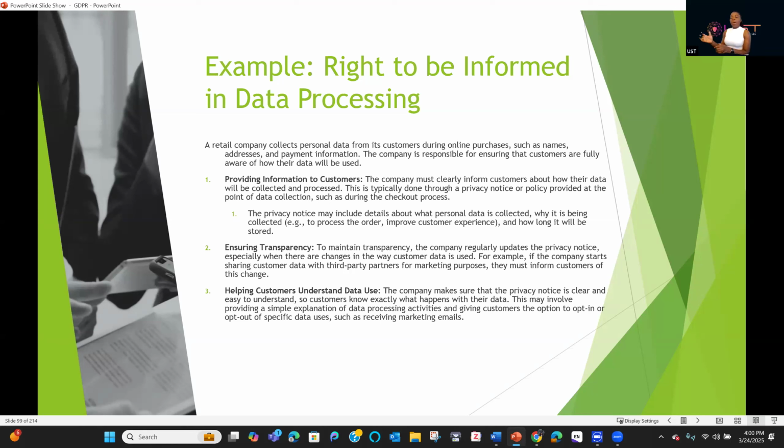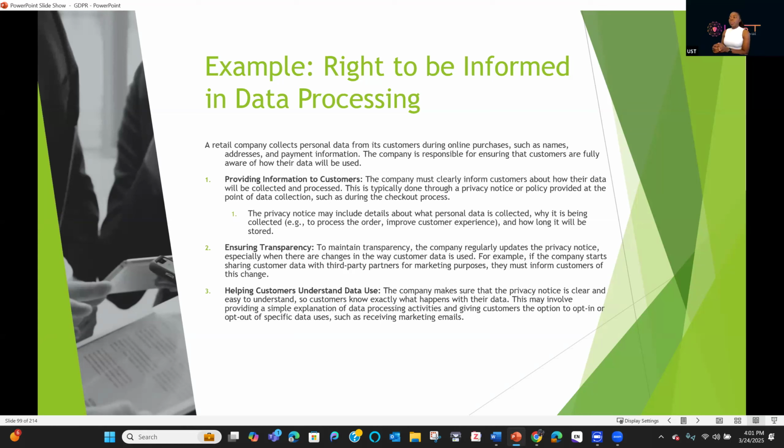You get the point? Remember, if there's a change of purpose, then you need to have a second form of consent, right? But if the purpose hasn't changed, then there's no need. But in a situation where it has changed, you need to have a second request form, right?